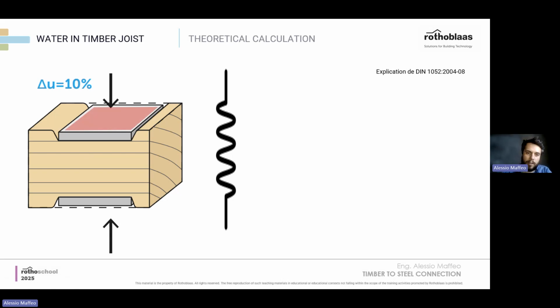Imagine we have a small surface, something around 4 inches by 4 inches, and we have a 10% change in moisture content.